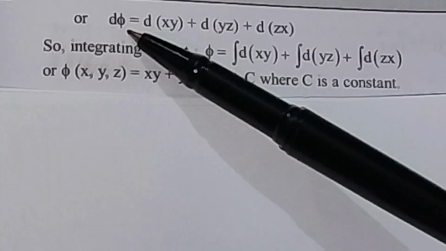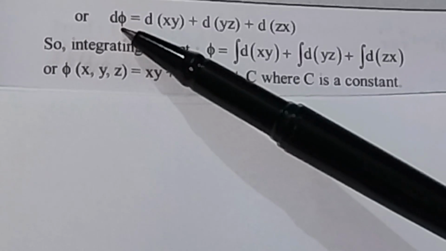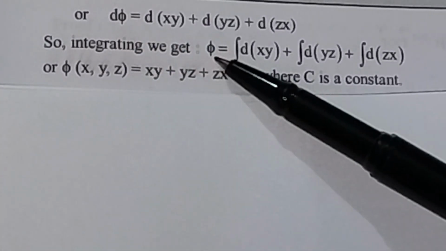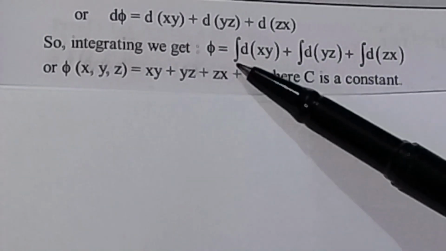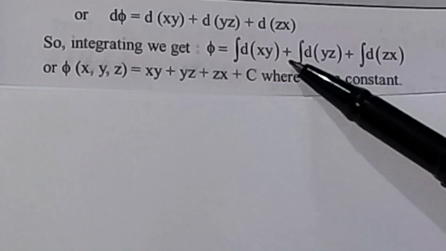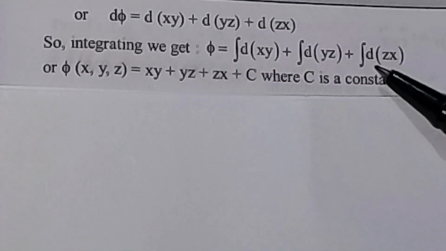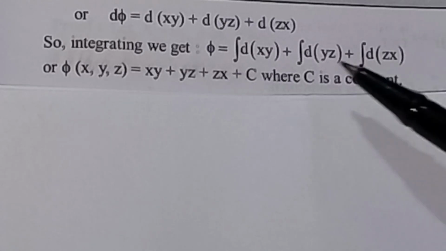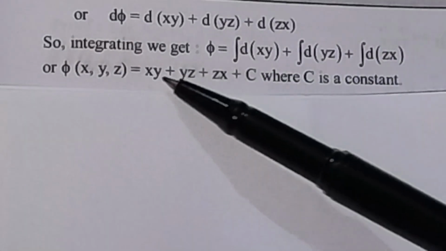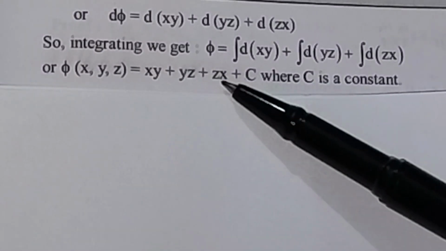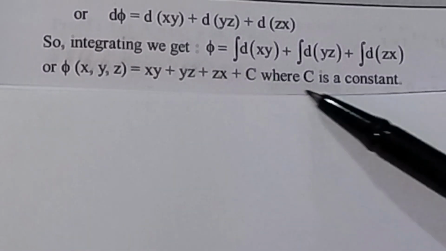Now if you integrate both the sides, in the left hand side you have integration of d phi equal to phi, and in the right hand side you have integration of d(xy) plus integration of d(yz) plus integration of d(zx). So phi will be equal to xy plus yz plus zx plus c, where c is a constant.